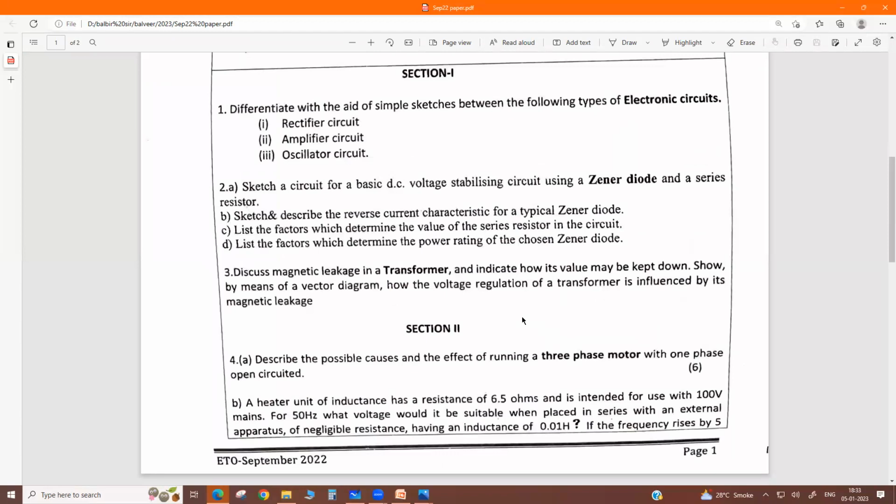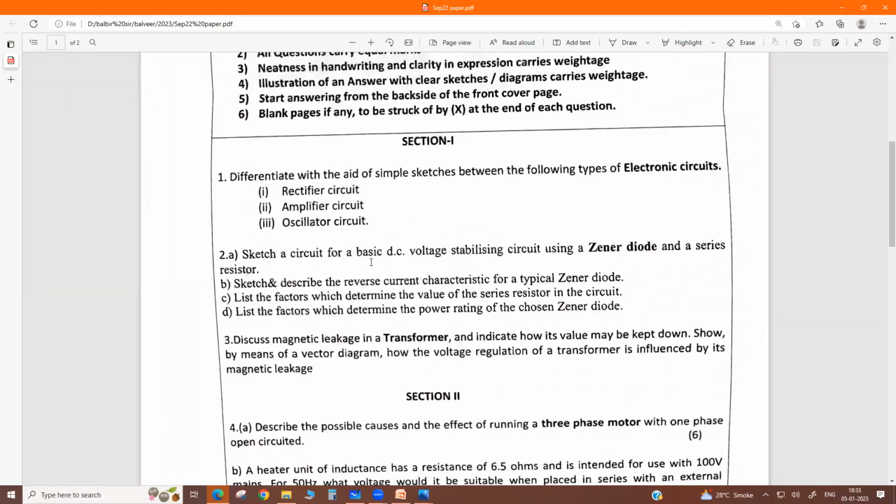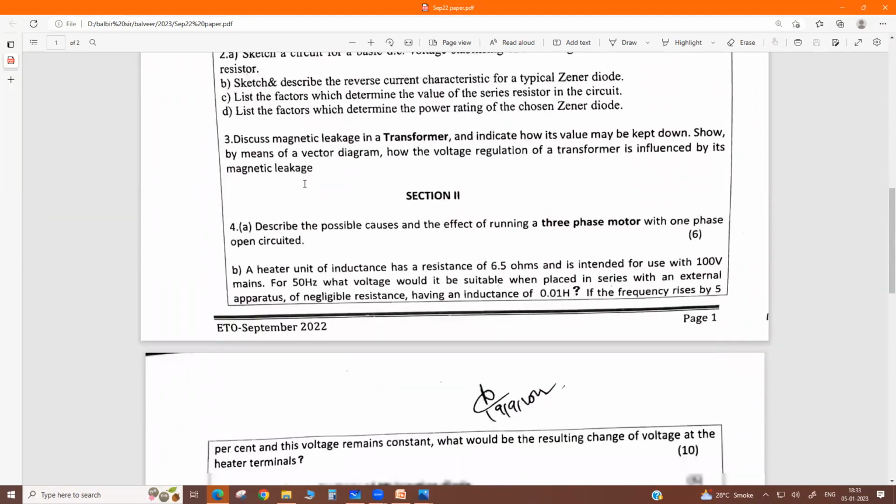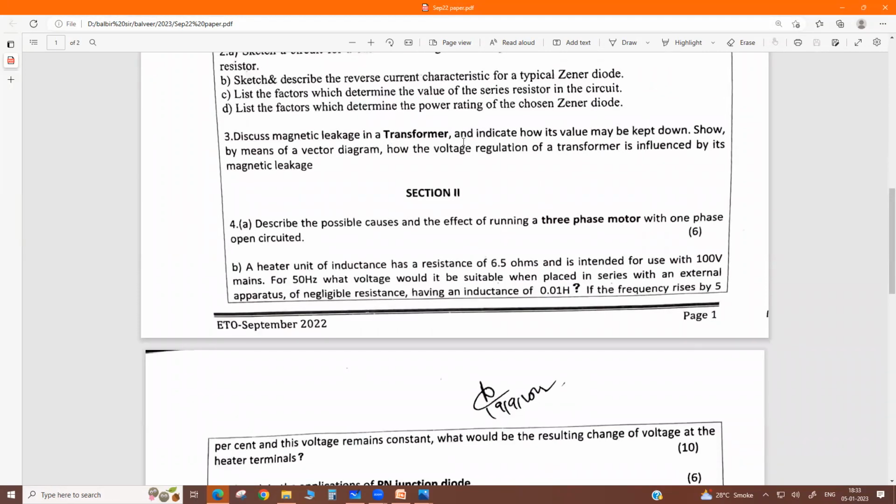Please discuss the magnetic leakage in transformer and indicate how its value may be kept down. So what is magnetic leakage, or leakage reactance, in a transformer? Magnetic leakage means leakage flux. And how can we minimize this? And explain with a vector diagram how this value affects the voltage regulation.